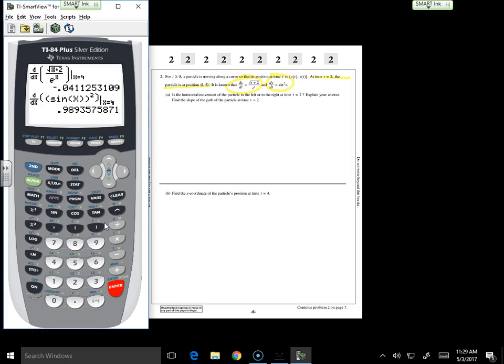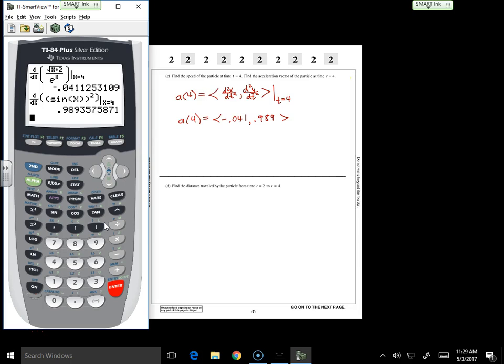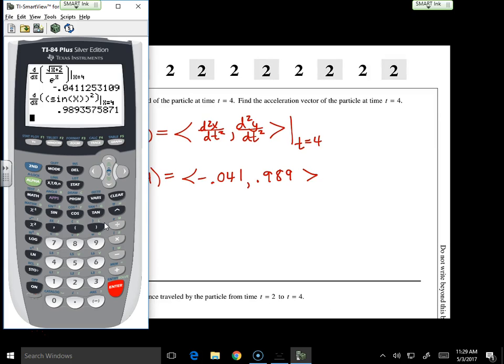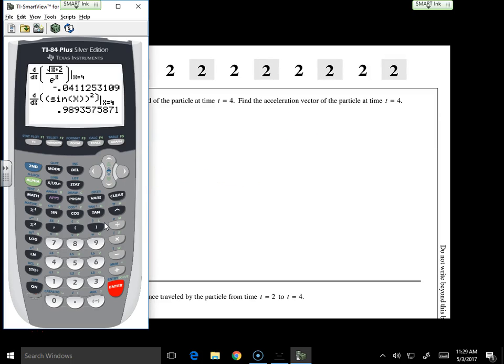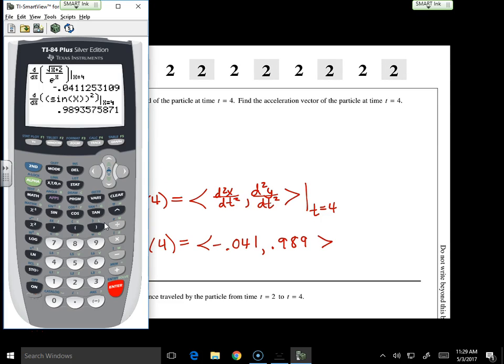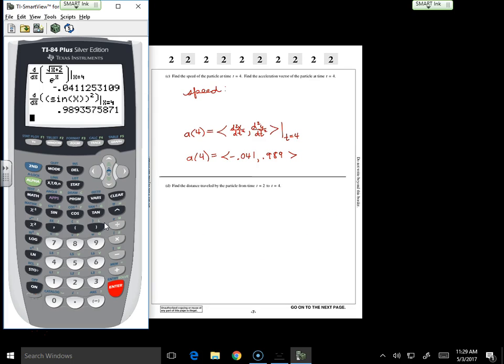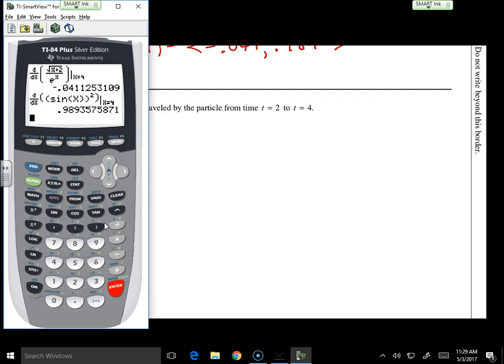And they're not labeling any units or anything. But that was only one part of the answer because you were saying you already did speed up above, right? Okay, so I'll just write speed and then it is what it is. Find the distance traveled by the particle from time t equals 2 to t equals 4.